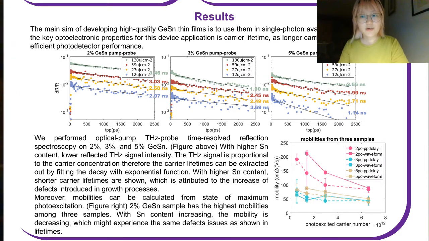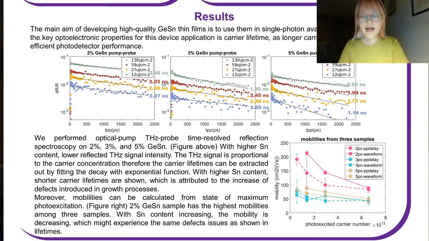The terahertz signal is proportional to photoexcited carrier concentration, so this decay shows how fast carriers recombine. We can see with higher tin content, this decay is generally sharper, which suggests the carrier lifetime is shorter with high tin content.